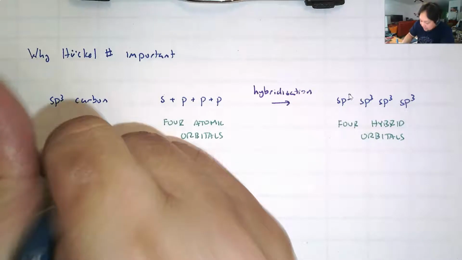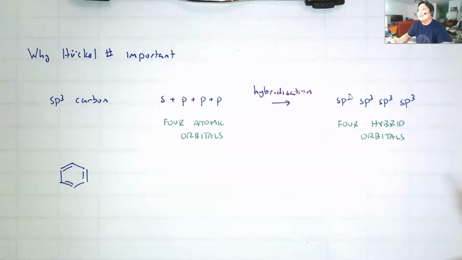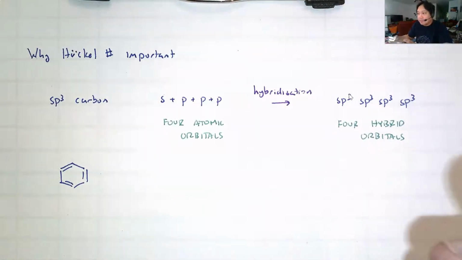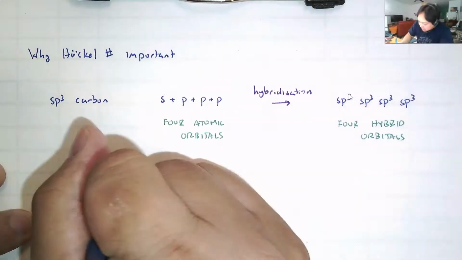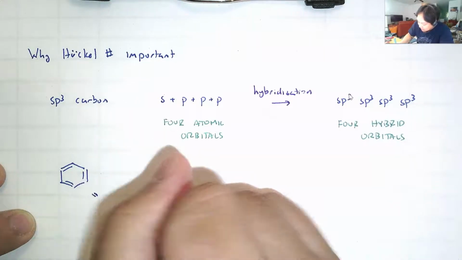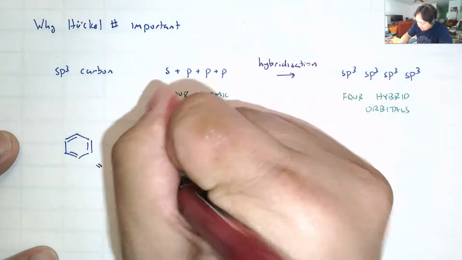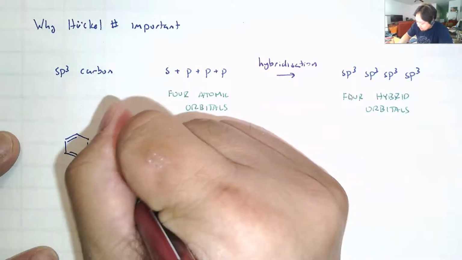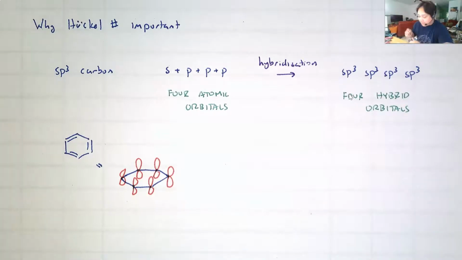For benzene, we're not going to be looking at hybrid orbitals. I know that these are sp2 hybridized, but what I'm more concerned about is not the hybrid orbitals, but the p orbitals. How many p orbitals do we have for benzene? We have definitely 6 pi electrons, right?